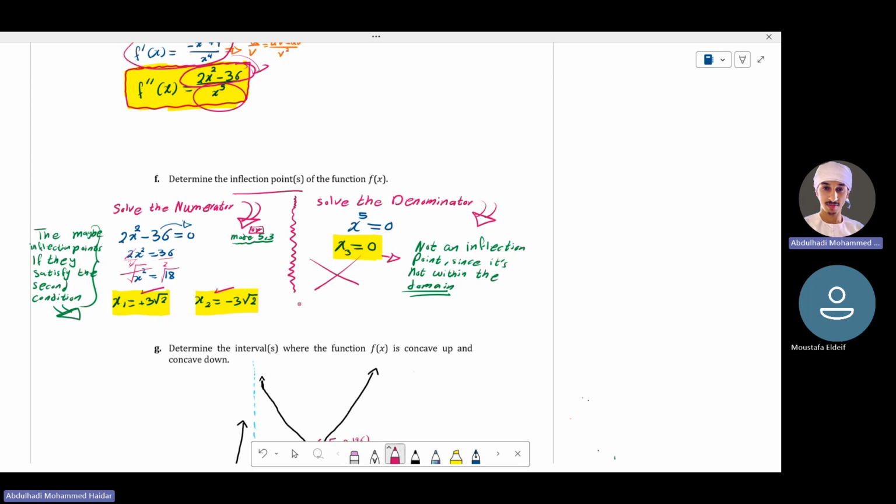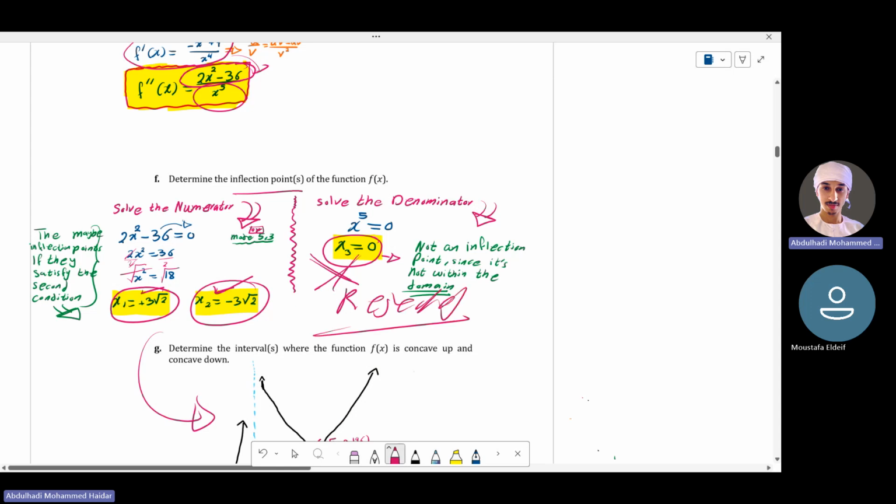So you will have two numbers, but still they are not officially inflection points, but they are within the domain. Yes, correct. But the second condition we can know from here. This number is not within the domain because the domain says all real numbers except 0, and this is 0, so we reject it.